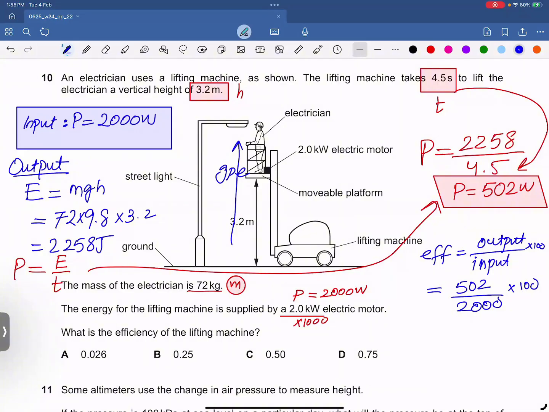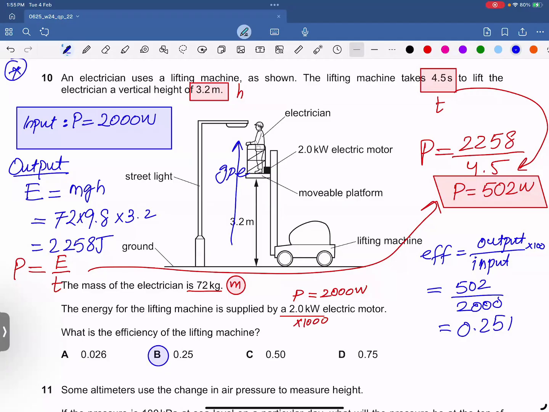The answer is 25.1, but they don't need efficiency in percent, so the answer is 0.25, option B. This star question, you have to notice that such questions are called higher order thinking, so you need to revise these questions later. I want you to rewatch this question again.